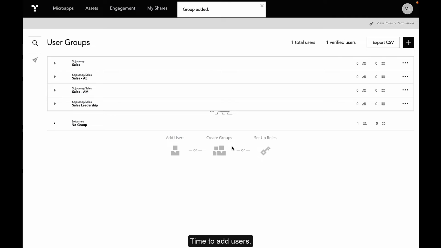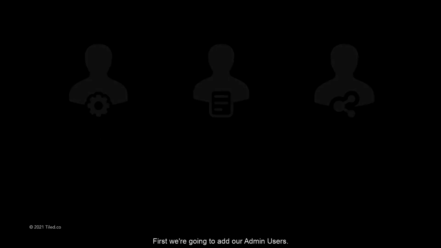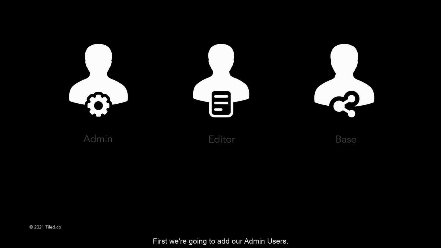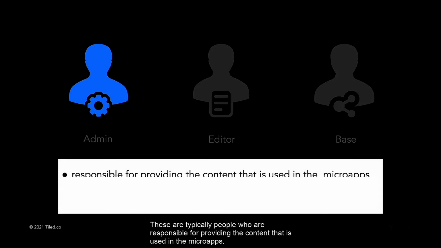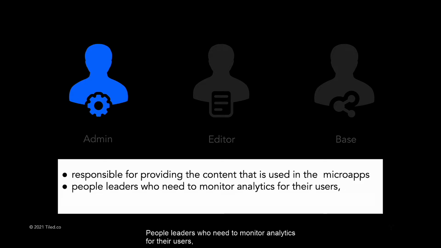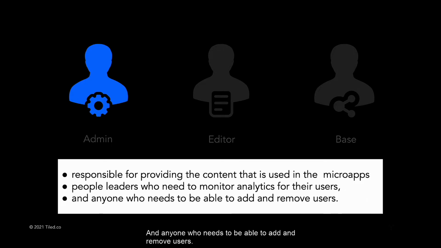Time to add users. First, we're going to add our admin users. These are typically people that are responsible for providing the content that's used in the micro apps, people leaders who need to monitor analytics for their users, and anyone who needs to be able to add and remove users.